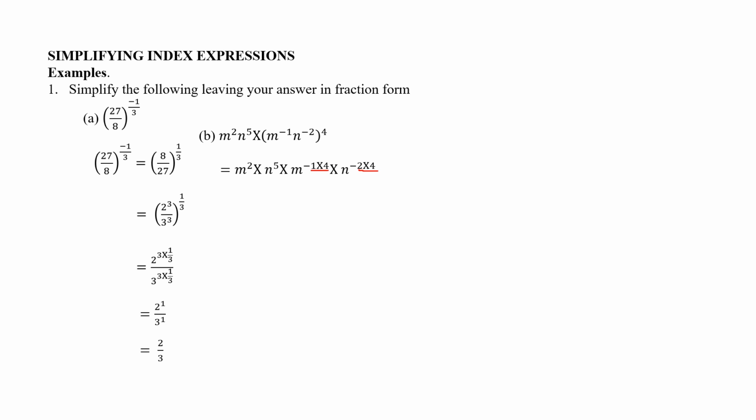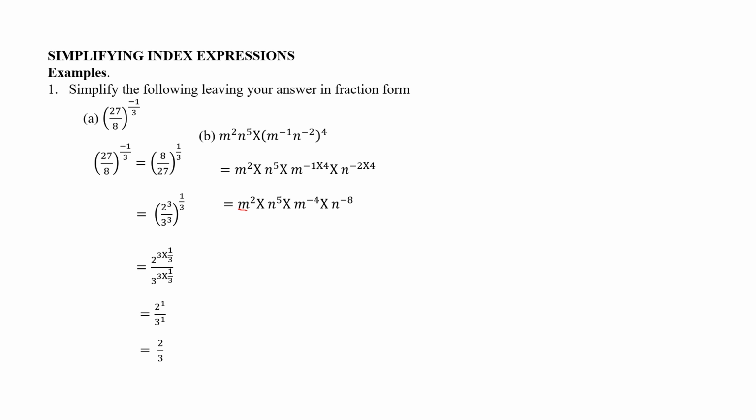Now when you multiply 4 times the negative 1, we shall have the negative 4 right there. Then when we multiply this, we shall be having a negative 8 right there. Now, multiplying numbers of the same base, we said we are going to add the powers.